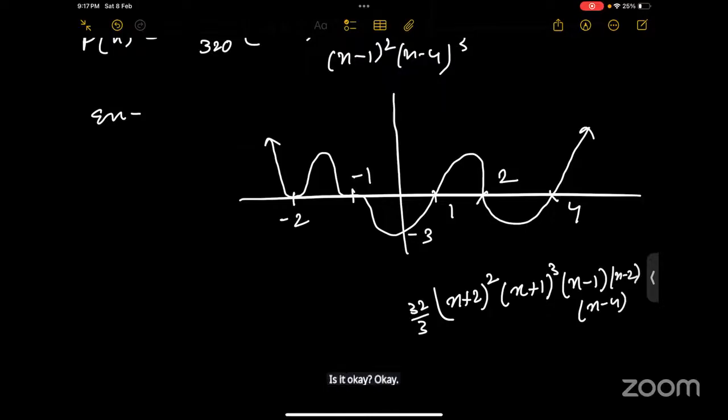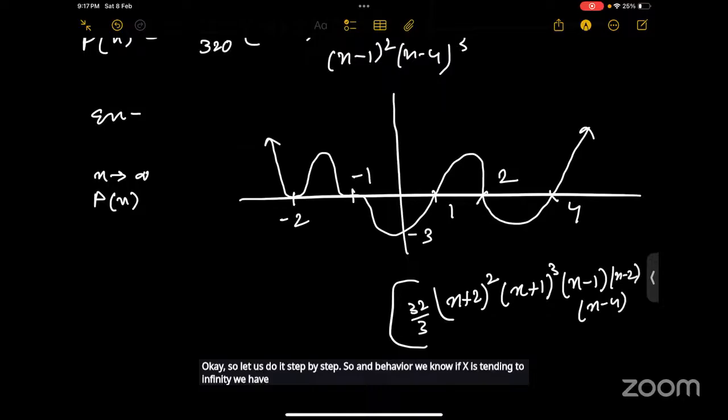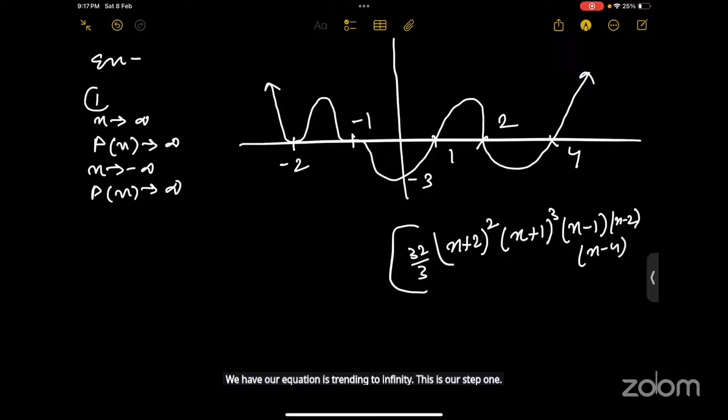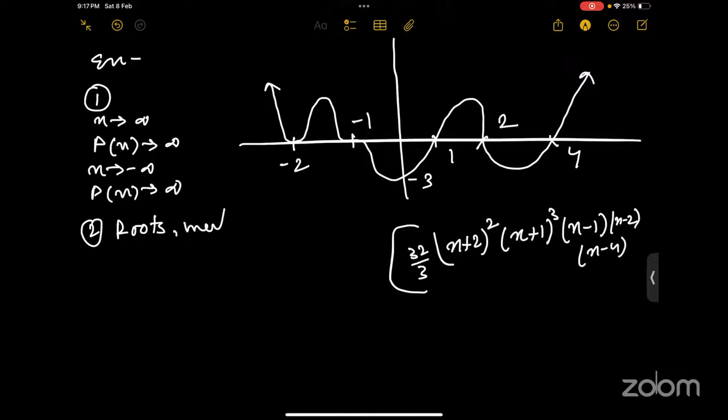Okay, so let us do it step by step. End behavior: if x is tending to infinity, our equation is tending to infinity, and if x is tending to negative infinity, our equation is tending to infinity. This is our step 1. Step 2, roots with multiplicity.